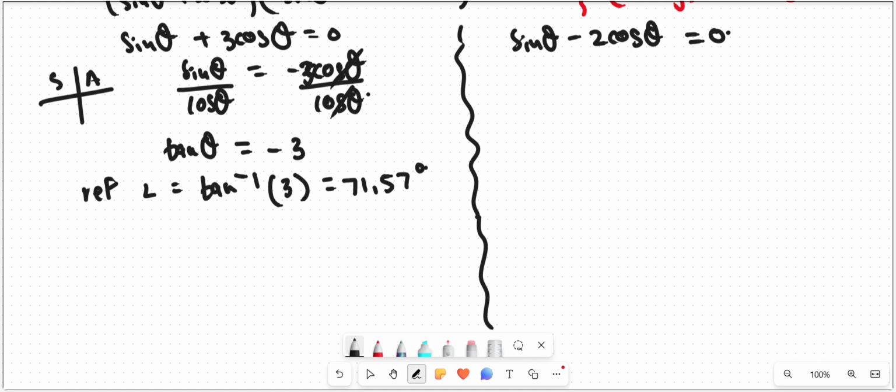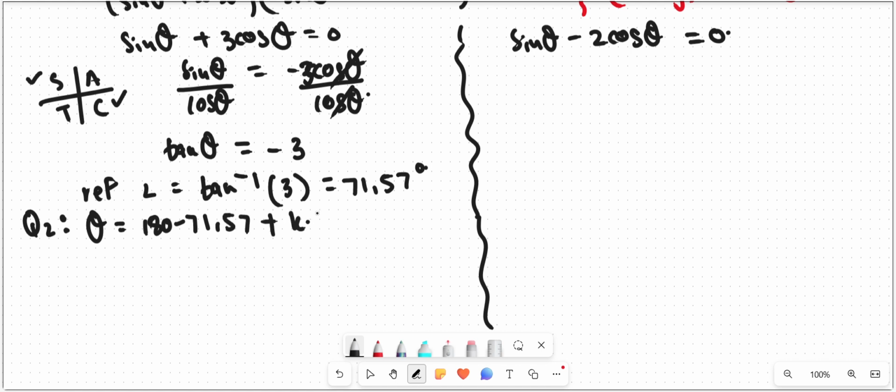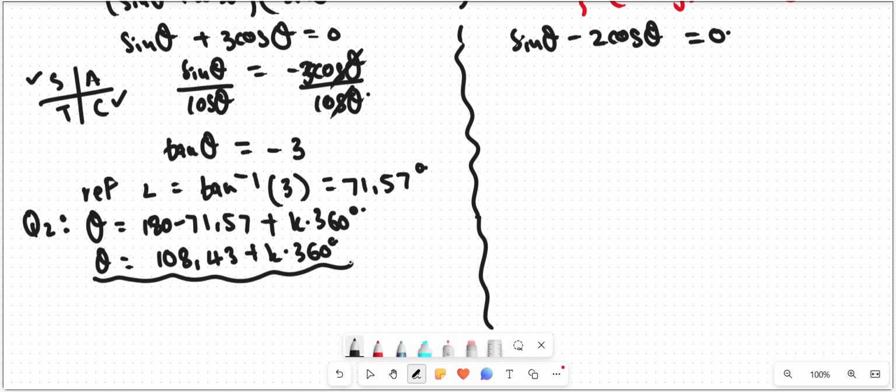Tan is negative in S and negative in C. So therefore theta, or rather let me include the quadrant. In quad 2, theta is equal to 180 minus your reference angle plus K360. So theta is 108.43 plus K360.